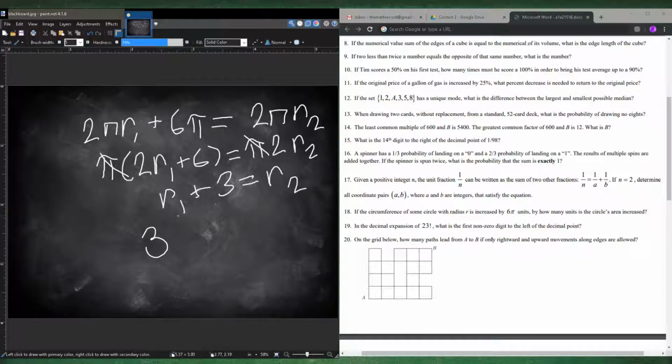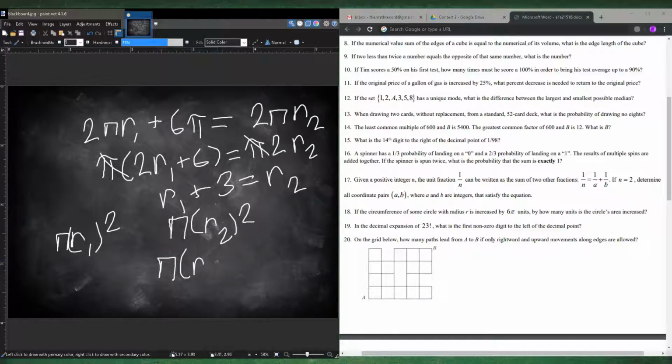So how many units is the circle increased? So basically this is our original radius. So our old circle with radius subscript 1, the area is pi radius squared. So radius 1 squared. And now the new area is pi radius 2 squared. So substitute that back in, you have pi radius 1 plus 3 squared.